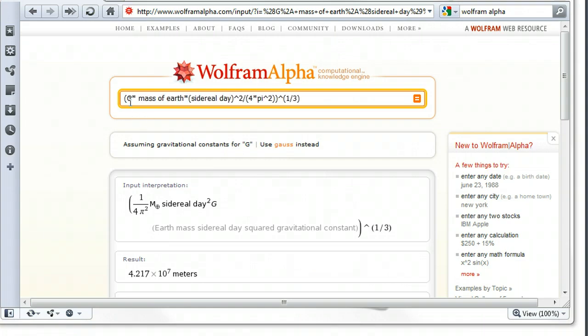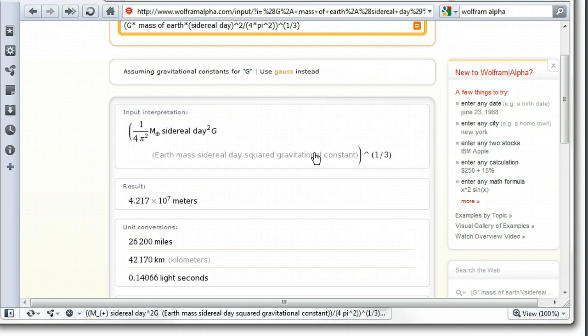I've typed in G times the mass of the Earth times the sidereal day squared, divided by 4 pi squared, and then the whole thing to the 1/3 power. You can see Wolfram Alpha says it's assuming the gravitational constant for G, and that's what we want. And so here's the interpretation of the input, and that's what we want.